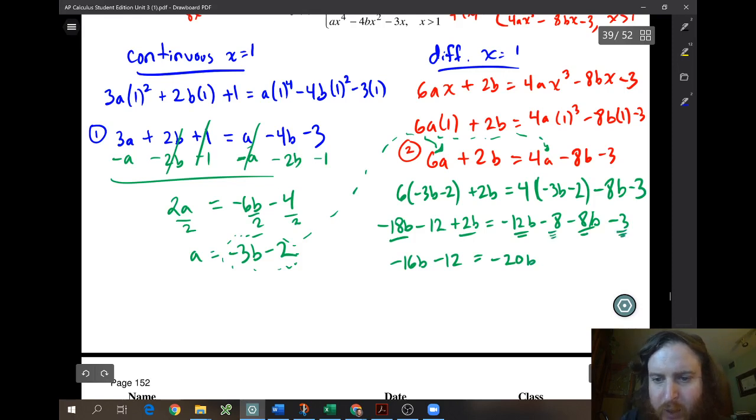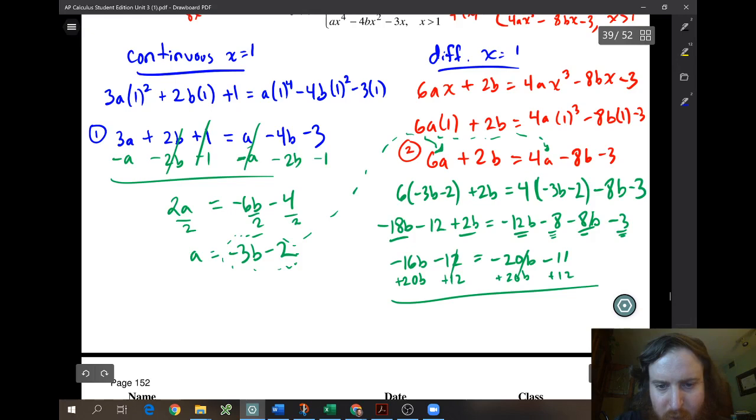And negative 8 and negative 3 is negative 11. So I'm going to put all the b's to the left side, all the numbers to the right side. So I'm going to add 20b over to both sides, and we'll add 12 to both sides. So this gives us positive 4b equals positive 1. So we get b is equal to 1/4. And that is the correct answer.